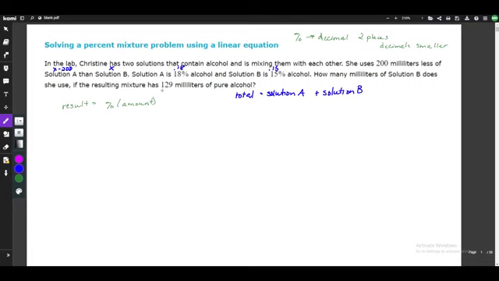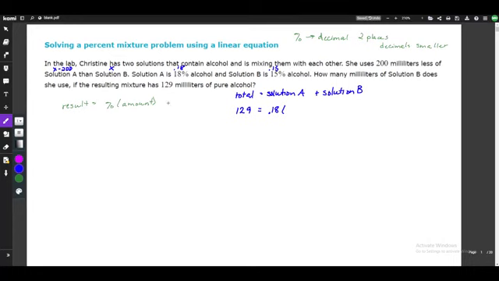All right, so we know that we need 129 milliliters of pure alcohol. So that's going to be 100% alcohol. That is 1, so we don't really have to worry about that. So this is 129 milliliters. We're going to be a little sloppy and not put the units in there. And that's solution A, which is 0.18. And then how much of A was, that's where we have our notes: solution B minus 200.